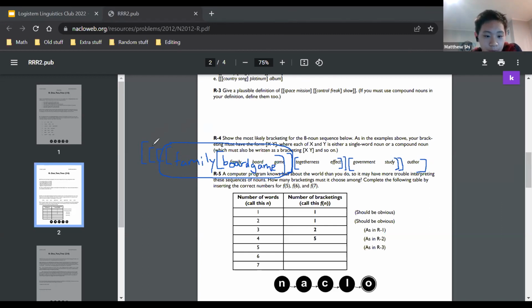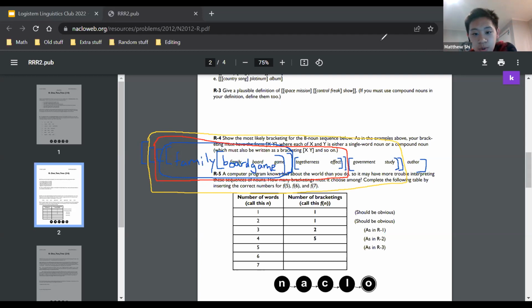And then we see the next one is right here. And then government study, pretty self-explanatory. It's a study done by the government, which will be here.